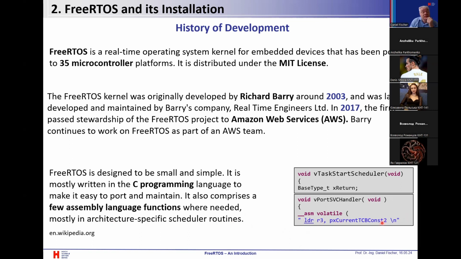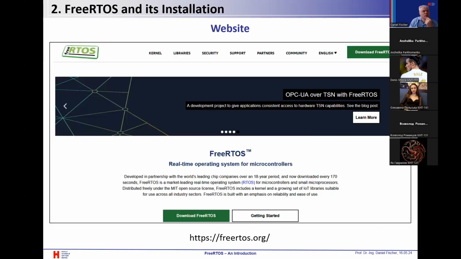This is maybe something with assembler inside C functions. If you want to find more information about it or download it, here is the website. On this website, you can find a lot of interesting documentation, and also you can download it here.